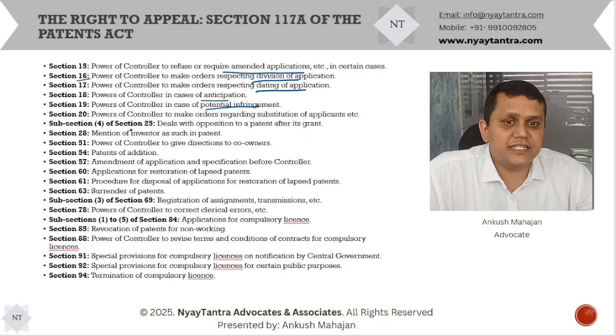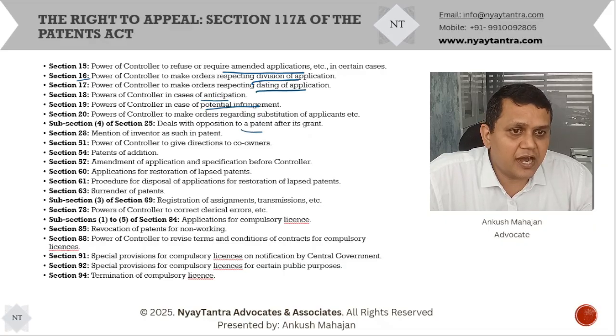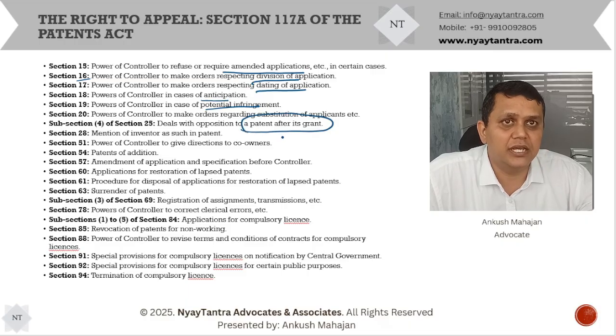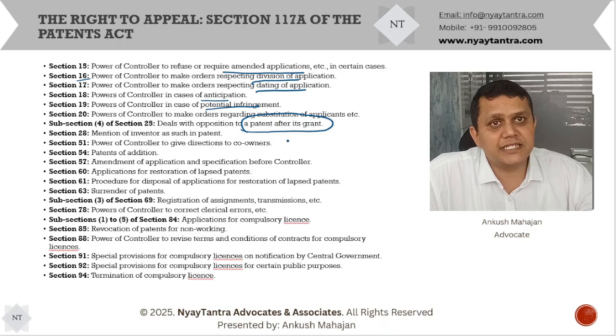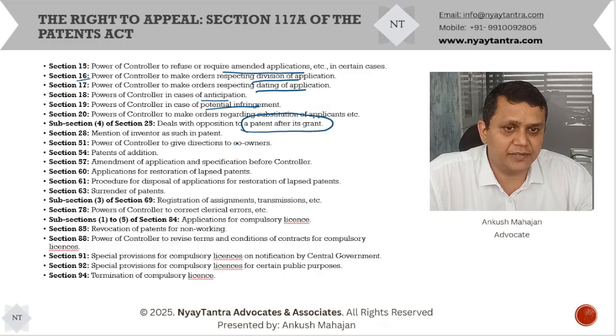Then subsection 4 of section 25 deals with the opposition to a patent after the grant. This is very important for us to understand. Okay, so if you are filing an appeal against an order in a pre-grant opposition matter, you will have a tough time to file an appeal under section 117A.